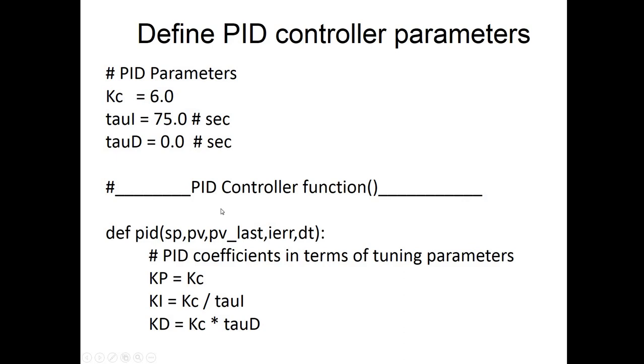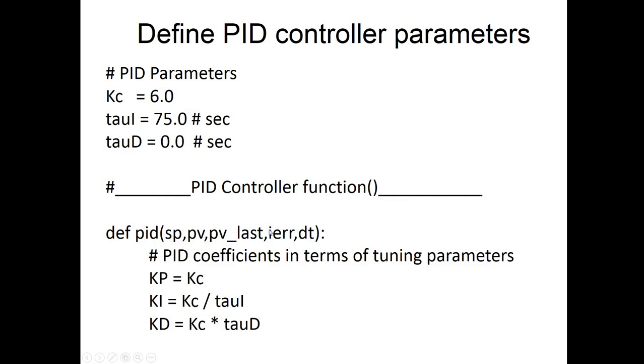Now, programmatically, if you try to write the algorithm, it will look like that. You can write in any language. In Python, it would look like that. You will create a function or module called PID, which will have certain parameters: set point, process variable, PV, process variable last, that means the previous value, and I error.